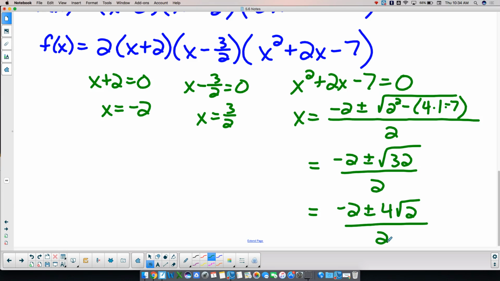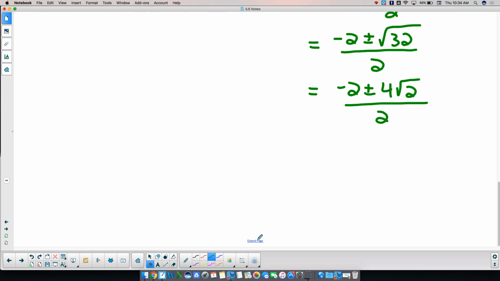Okay. All the outside numbers are even, so I can divide them all by 2, and that gives me x is equal to negative 1 plus or minus 2 square roots of 2.